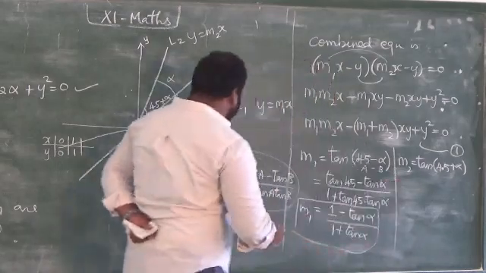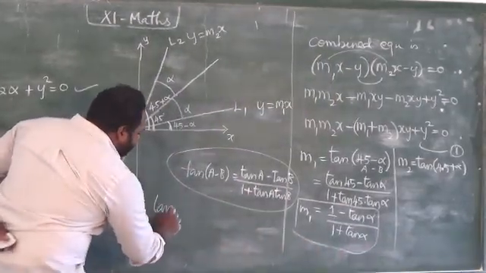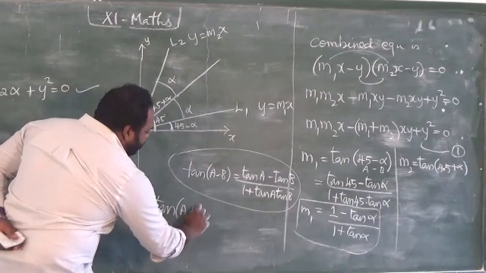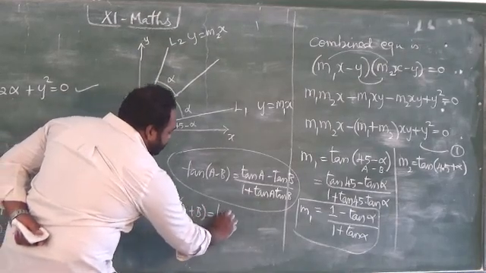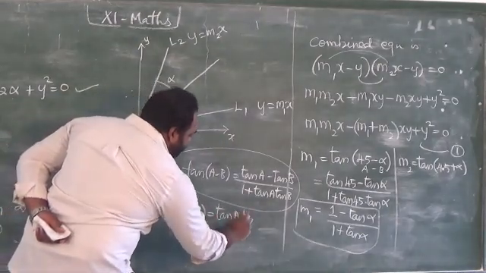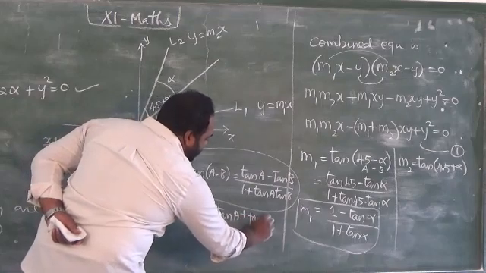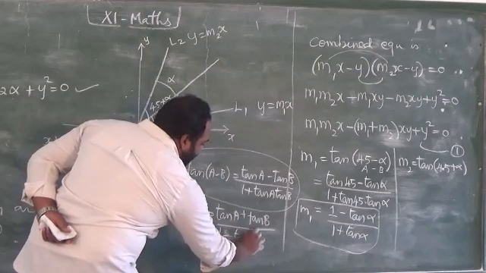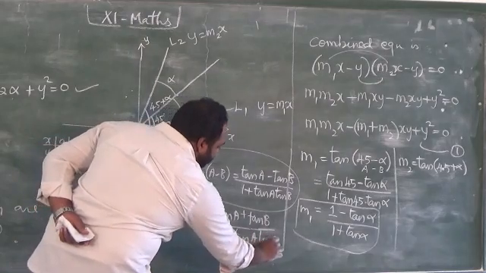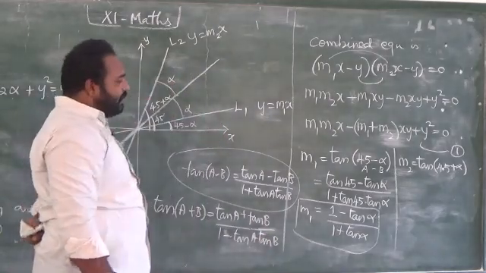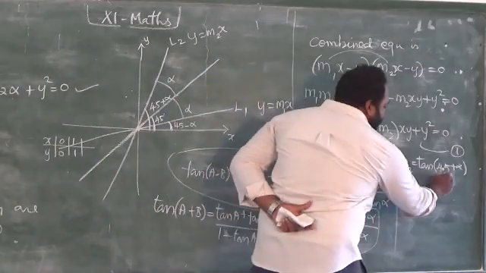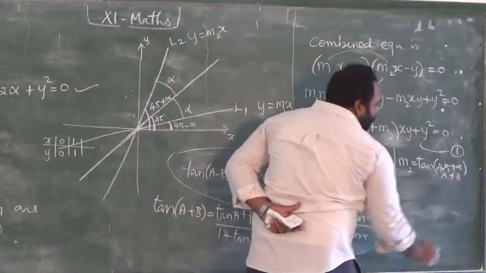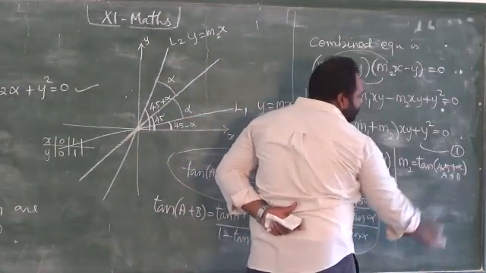same thing. Here we have another formula: tan(A plus B) is (tan A plus tan B) by (1 minus tan A tan B). I am going to use this formula for finding M2. Because it is A plus B, I am going to consider A as 45 and B as alpha.